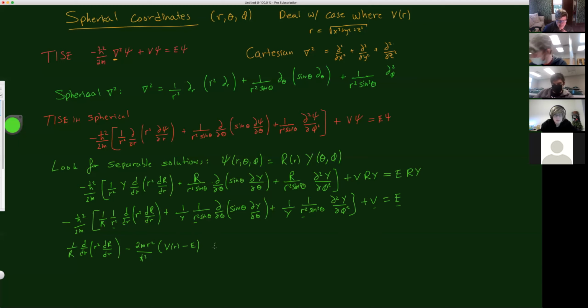So I have now plus 1 over Y, and then I have this big thing, 1 over sine theta partial theta sine theta partial Y partial theta, and then plus 1 over sine squared theta partial squared Y partial phi squared. And that whole thing equals 0, right?